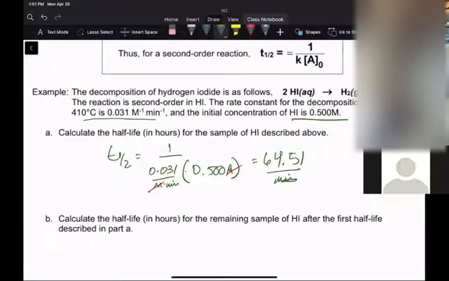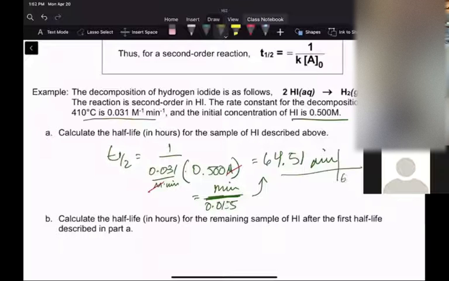Oh no, that's 1 over, 1 over. That pops back up on top. That's what I thought at first, and then I second guessed it. 0.0155, and that's going to pop the minutes, so minutes on top. And then we'll divide by 60.